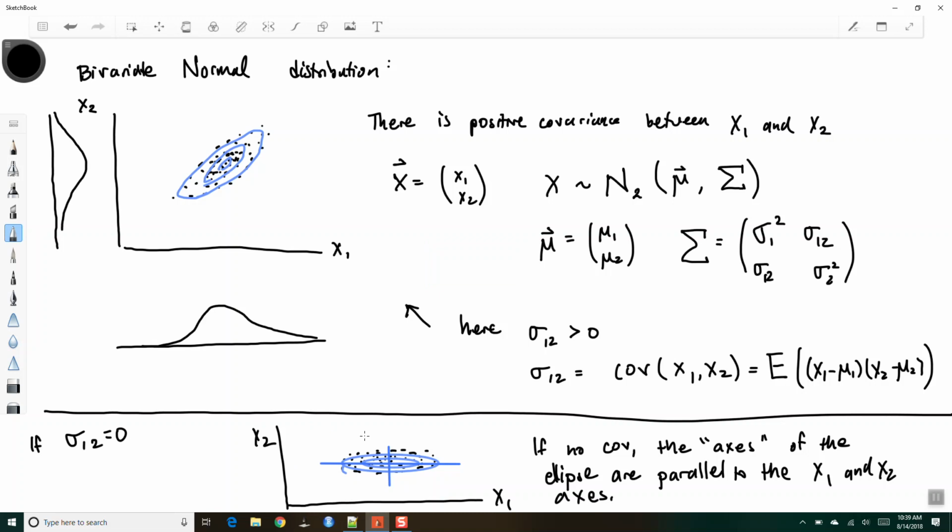And so the question is, can we generate values from a bivariate normal if the only tool we have right now is to generate univariate normal values? Okay, so if we can generate z's from the univariate, can we get values from a bivariate normal distribution that maybe has some covariance, okay?